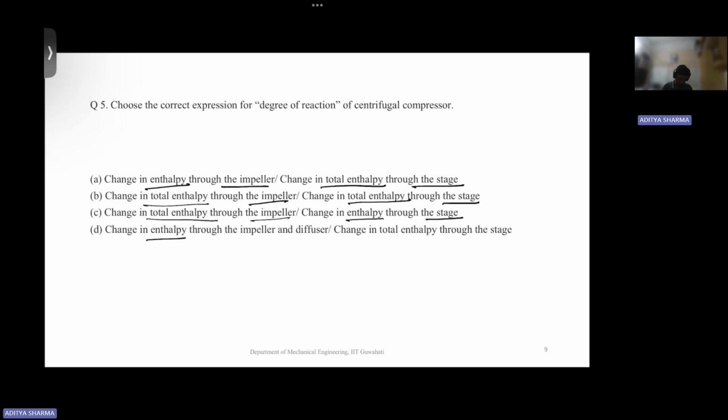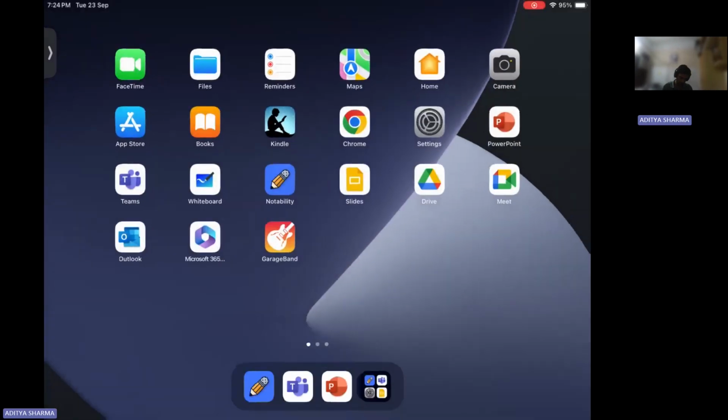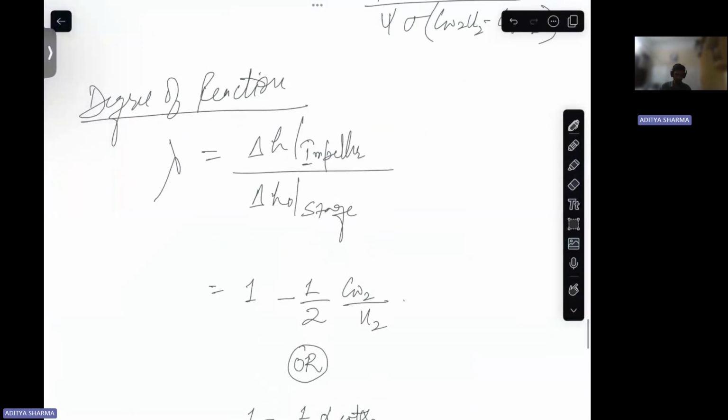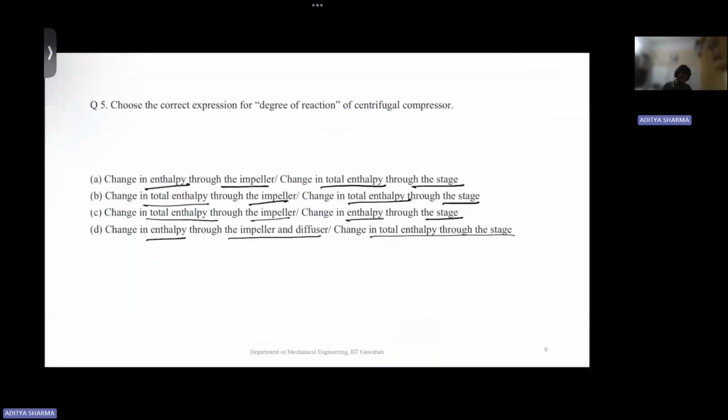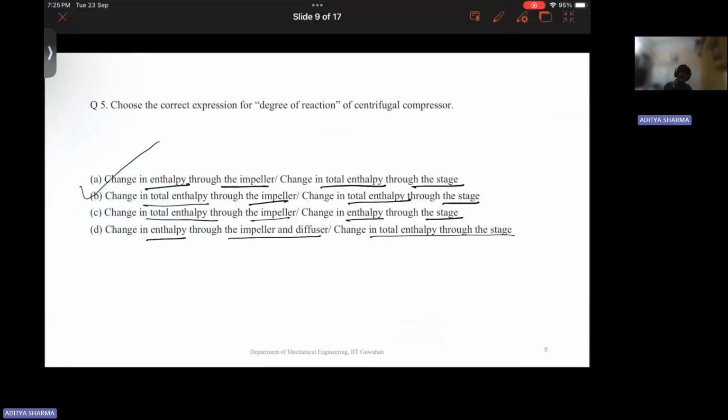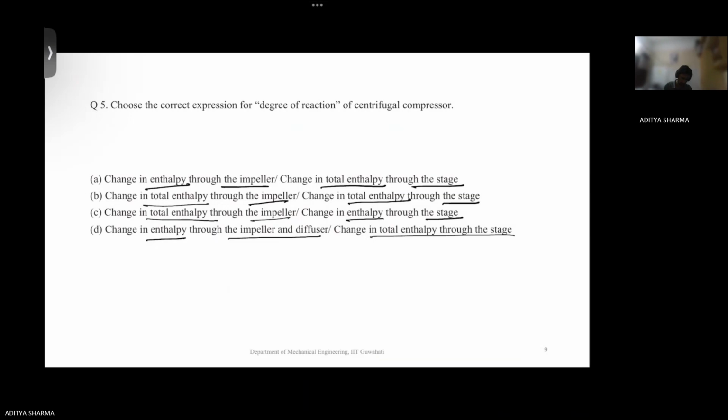This is enthalpy of the impeller and diffuser, and change in total enthalpy through the stage. If you see this degree of reaction, this is change in enthalpy of impeller to the total enthalpy change in your stage. So in that case, your option A comes out to be the correct one.